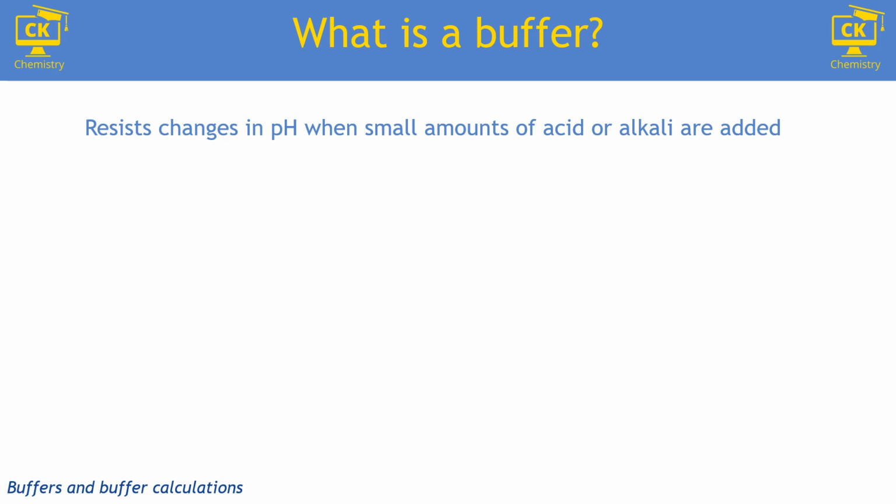The other thing about deciding what a buffer is: what does it actually contain? What physically is it in terms of chemicals? It comes up when we study weak acids. In this video, I am going to be representing weak acids as HA, the undissociated acid. When you put a weak acid such as ethanoic acid in water, we know that weak acids only partly dissociate into H+ and the negative ion.